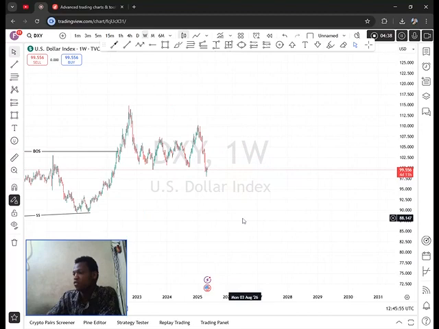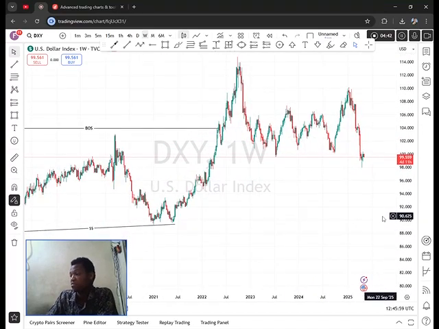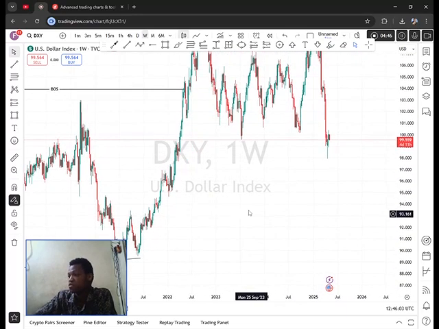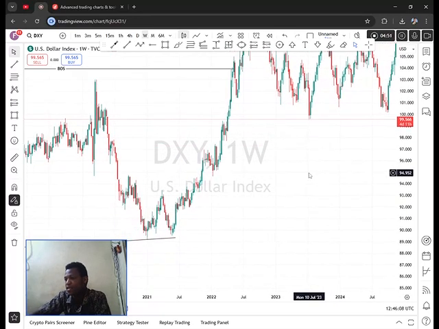So what you're looking for is the order block where maybe the price is going to come into. For me, I can't really see any other block here.